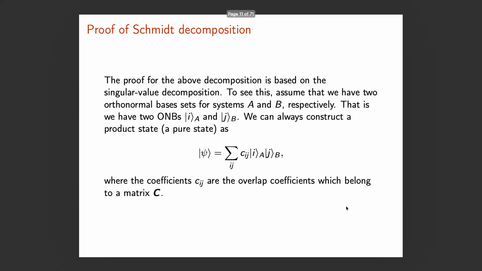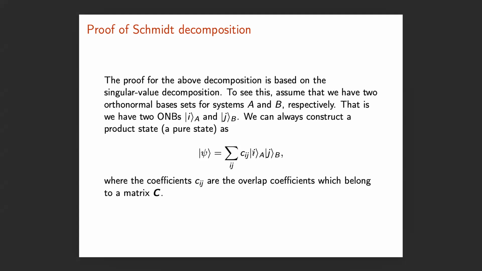So let's look a little bit more at that. The proof of that decomposition is actually based on the singular value decomposition algorithm. To see that, assume we have two orthonormal basis sets for system A and B, and we're just going to call them I for system A and J for system B. That means you can always construct a product state, which is a pure state, using tensor products.